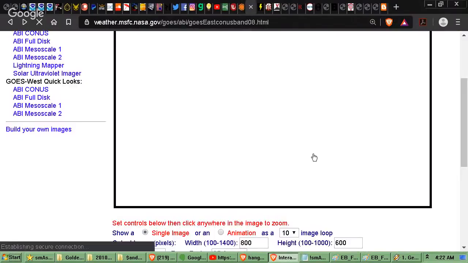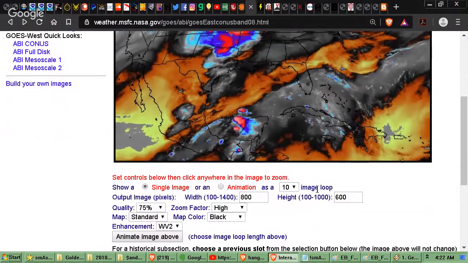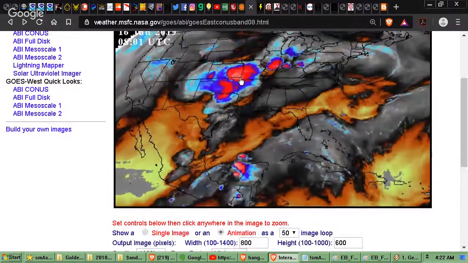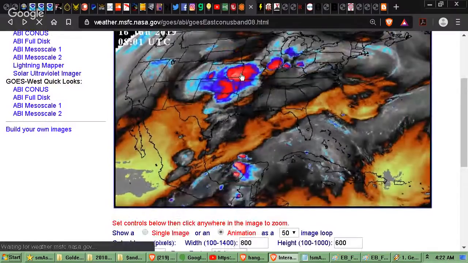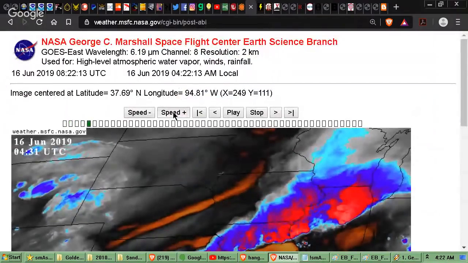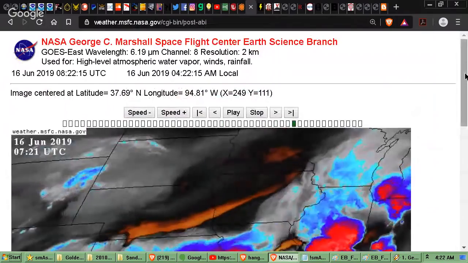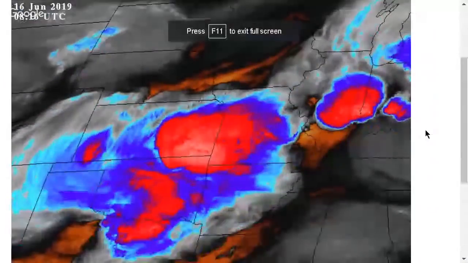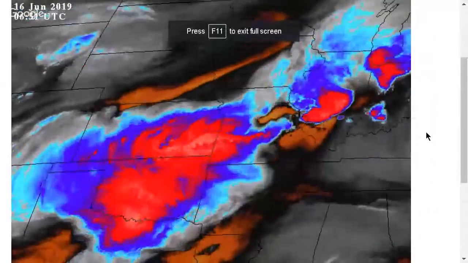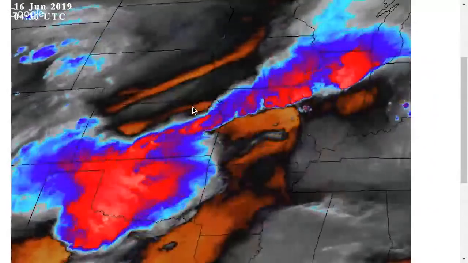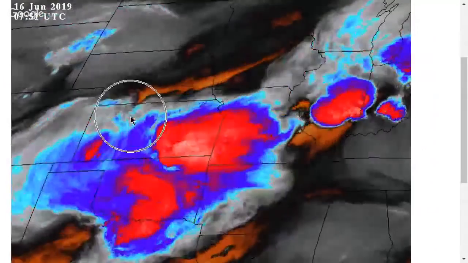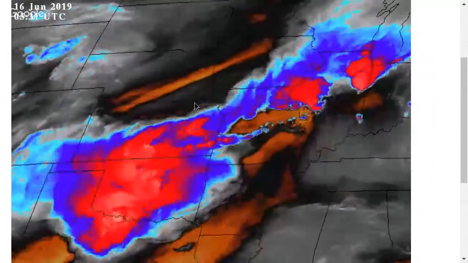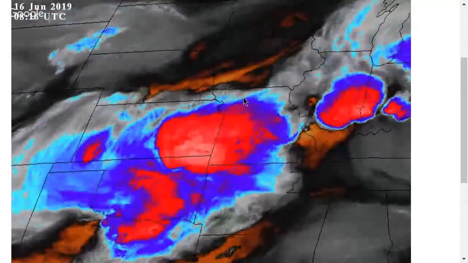Let's do a close-up of that mess that's going on right there by looking at the NASA GOES interactive weather satellite. We'll do a big zoom in here of the water vapor situation. And you're going to see the standard Hall current streamer lines right here. You see these lines that are perpendicular to the flow of the water, where my pointer is.